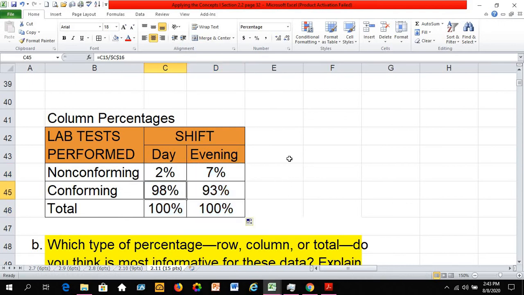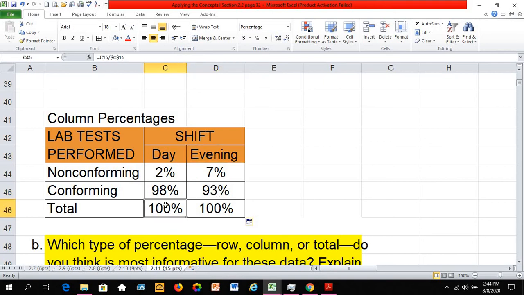There you go. So on my column percentages, a big amount of non-conforming lab tests is showing during the evening shift. That's 7%, and only 2% during the day. And for conforming laboratory tests, 98% are happening during the day, and 93% are happening during the evening.